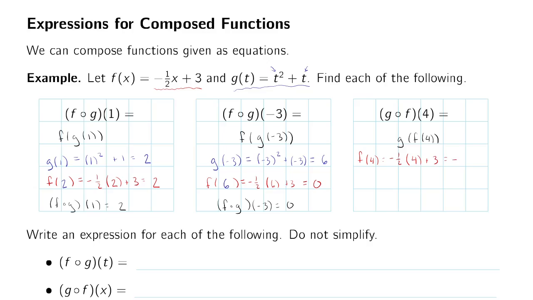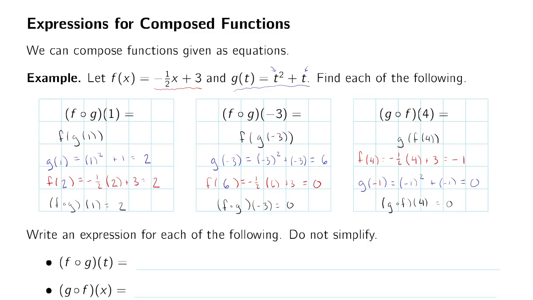That's negative 2 plus 3 is negative 1. And then g of negative 1 is negative 1 squared plus negative 1. That's positive 1 plus negative 1 is 0. So g composed with f of 4 is 0.